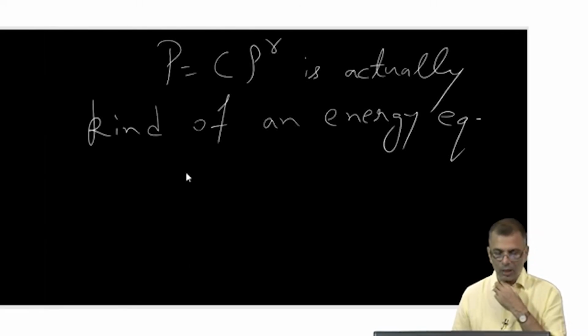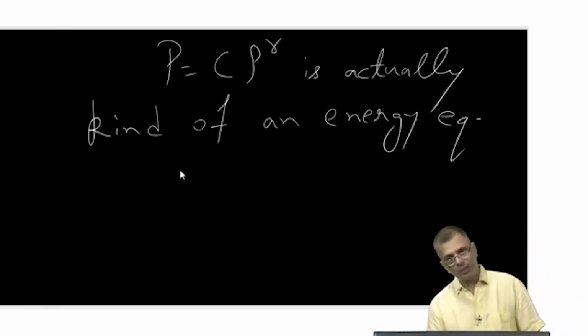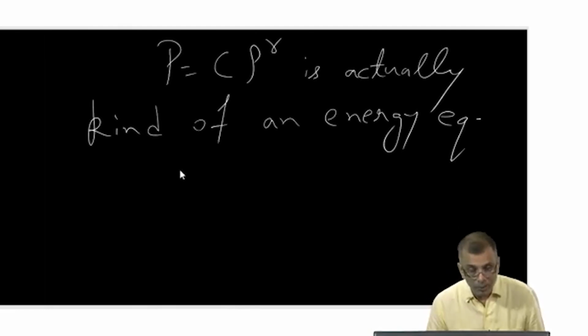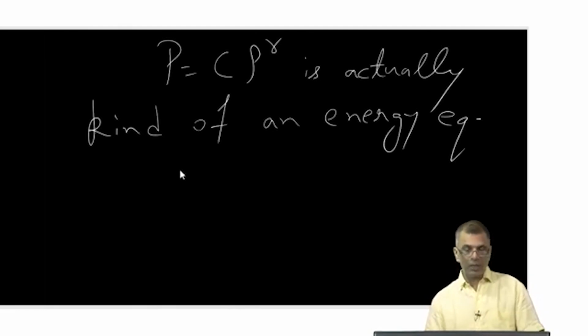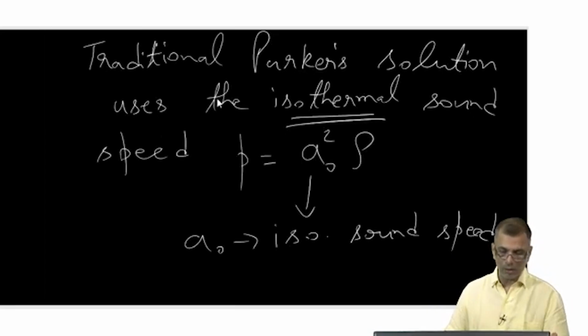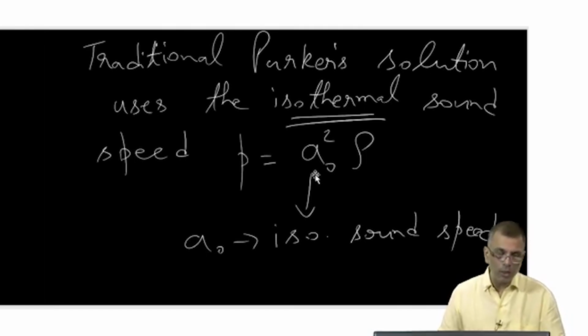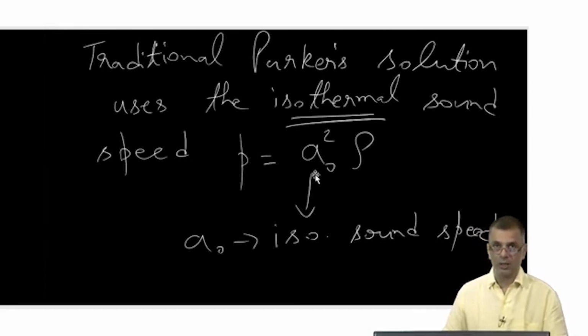That is because observations reveal that the velocity profile predicted by Parker's isothermal solar wind solution is a little too low in comparison to observations. In particular, the temperatures are a little too low in comparison to what this kind of Parker solar wind solution together with this relation predicts.